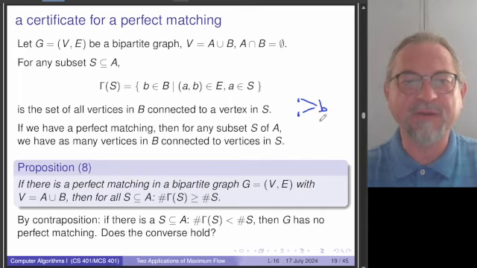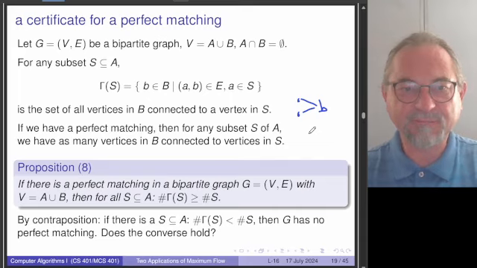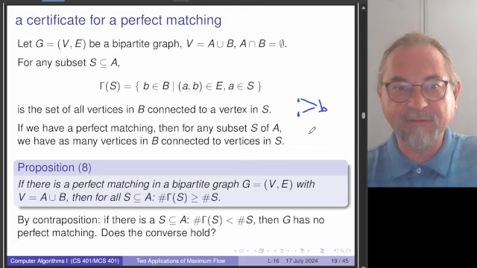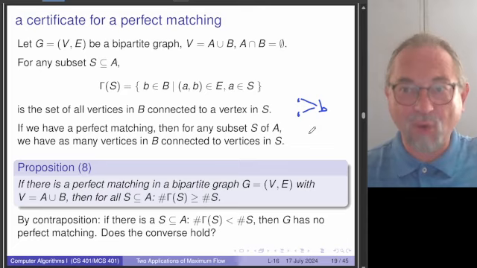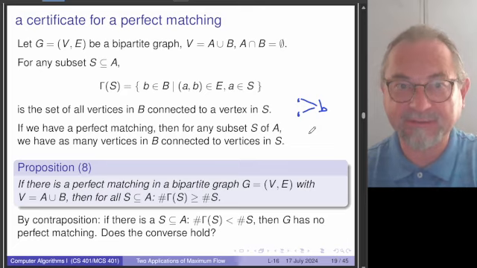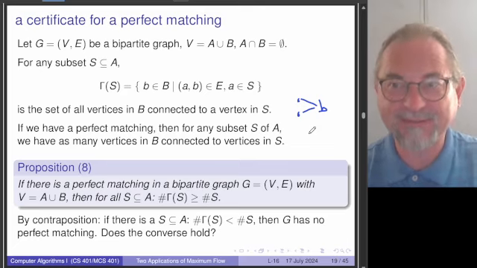If you have that, this very simple situation, then indeed there cannot be a perfect matching. Is that actually true? If this is the case, then you have no perfect matching. But if you have no perfect matching, can you come up with a set S? And even better, can you compute that set S?